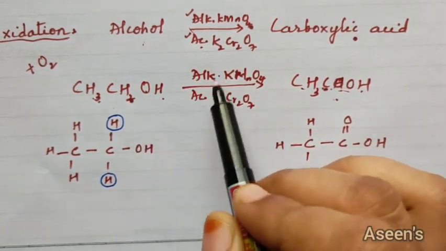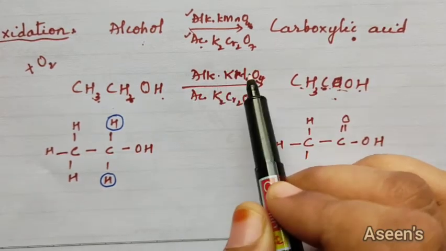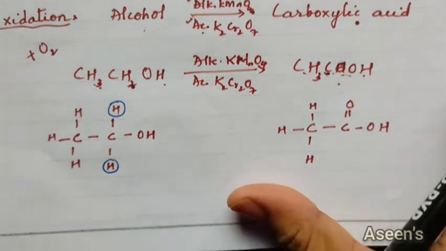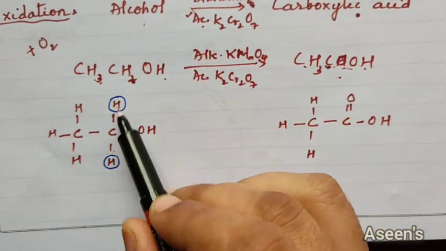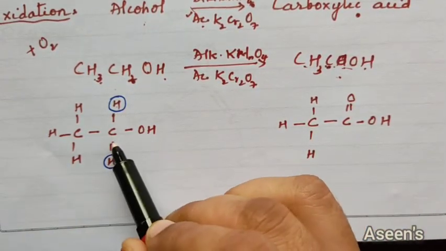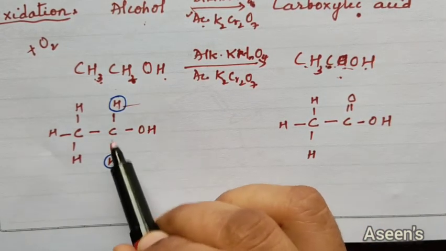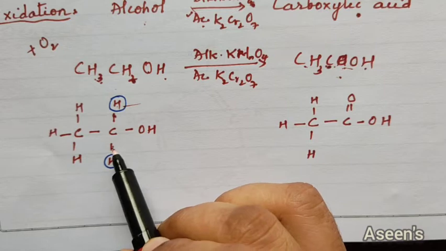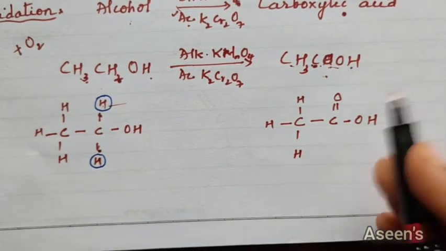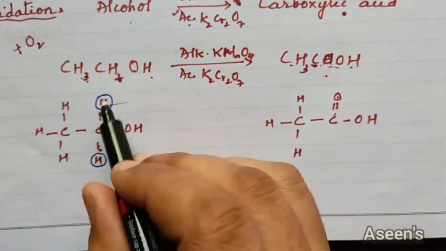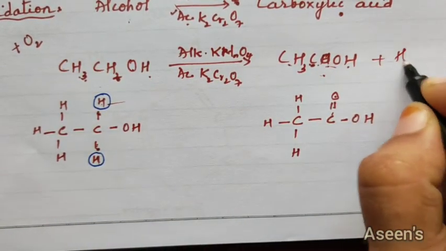When this reacts in the presence of this, an oxygen is gained over here. As you can see in the structural formula, 2 hydrogens go missing. When these 2 hydrogens are removed, the 2 bonds are free, so these 2 bonds will join together with 1 oxygen. Now these 2 hydrogens will be left aside.